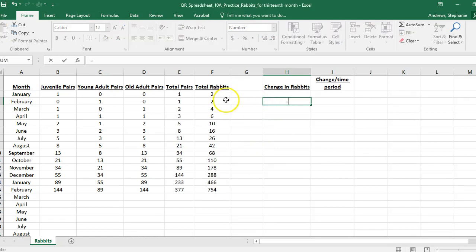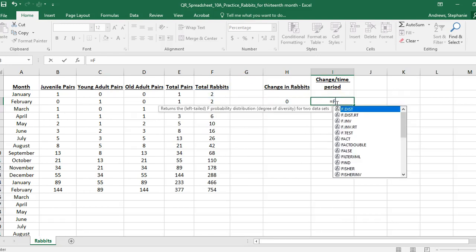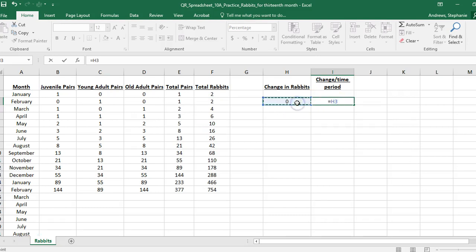Let's go ahead and tell it equals, take February and subtract January, and we get no change. Let's go over here, and it's going to be a little bit different. I'll need to change the title because we're going to take this change, but remember we've got to go back to the beginning month. I want to take this and divide it by my beginning month, and we get 0.